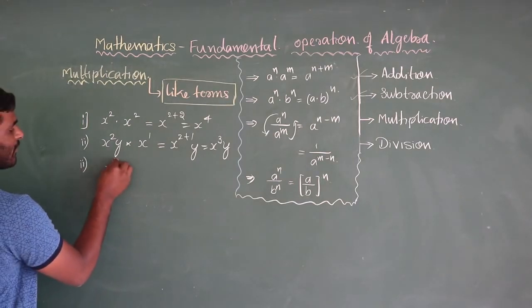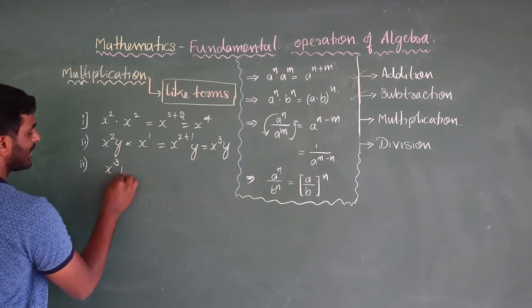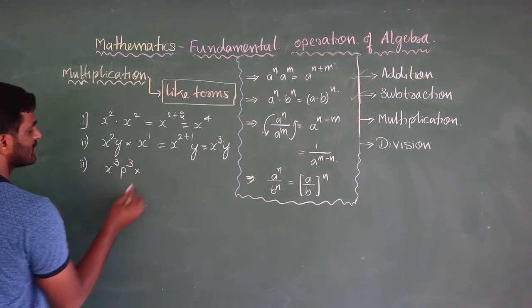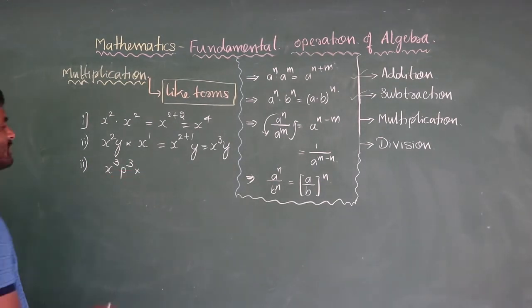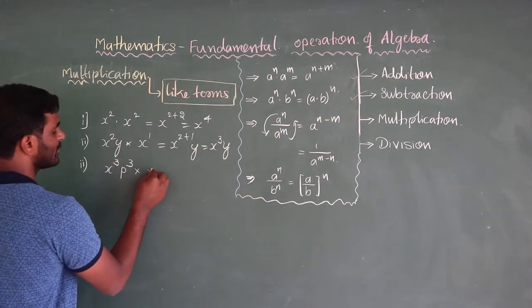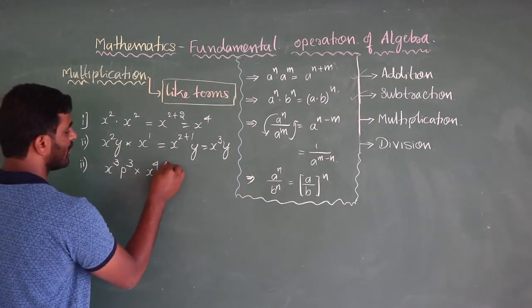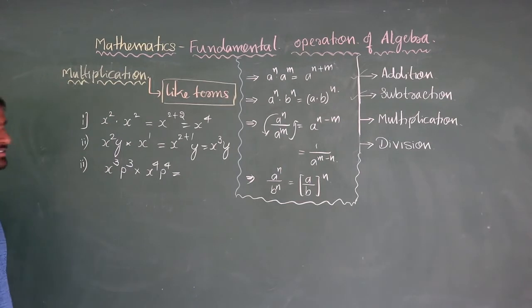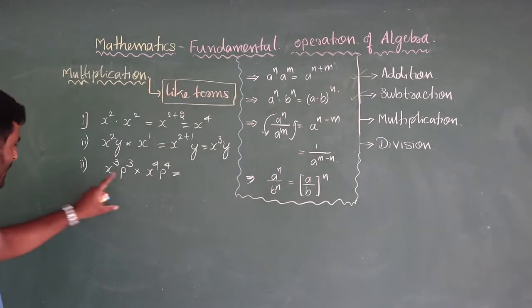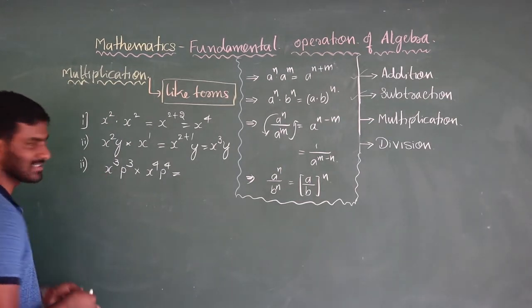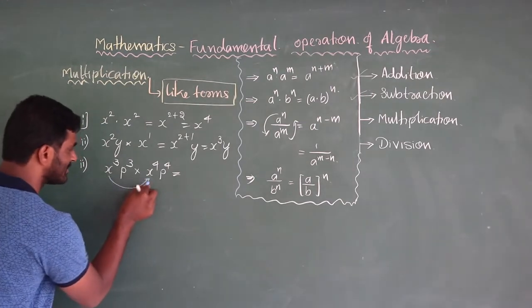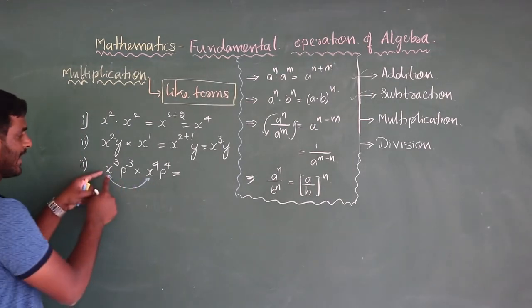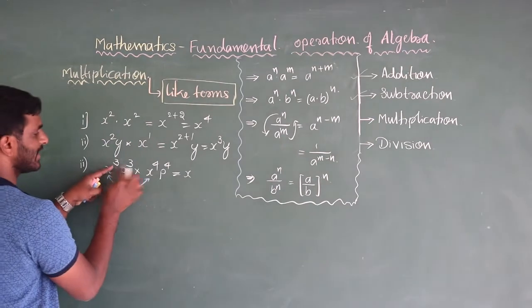Let us take one more example. x to the power of 3 p to the power of 3 into x to the power of 4 p to the power of 4. How do you multiply these two terms? First we need to match the x variables. So x to the power of 3 plus 4.